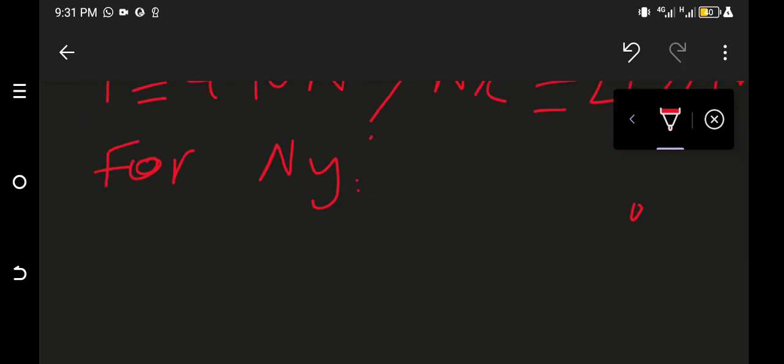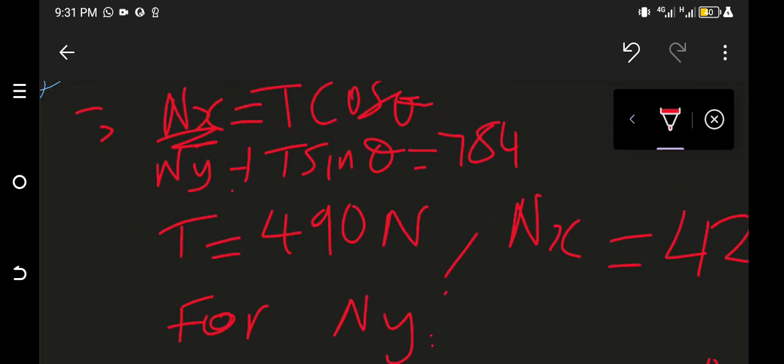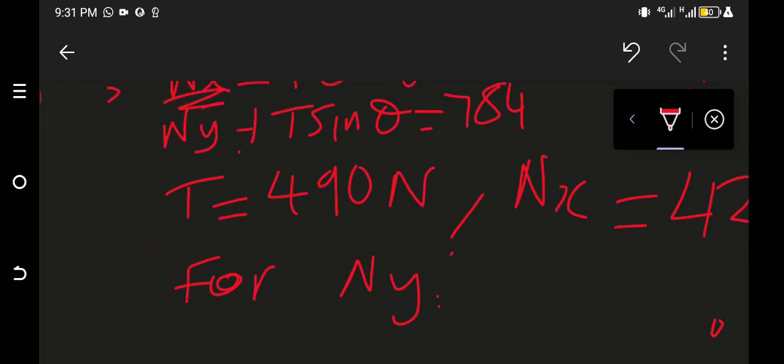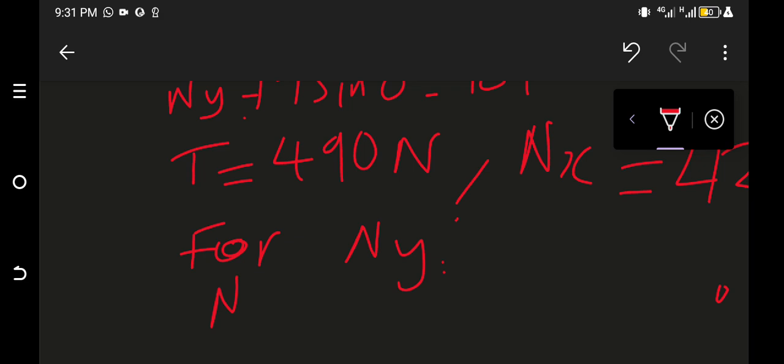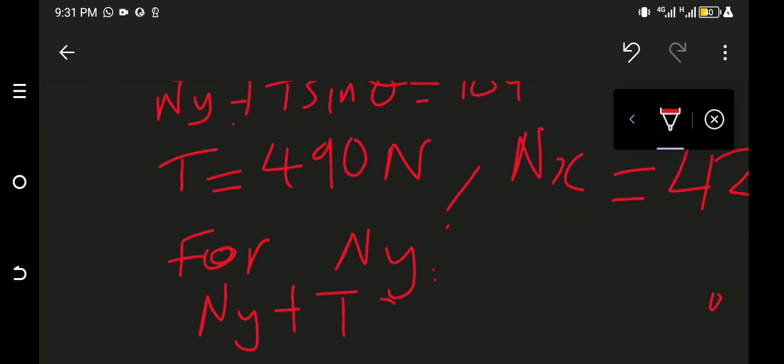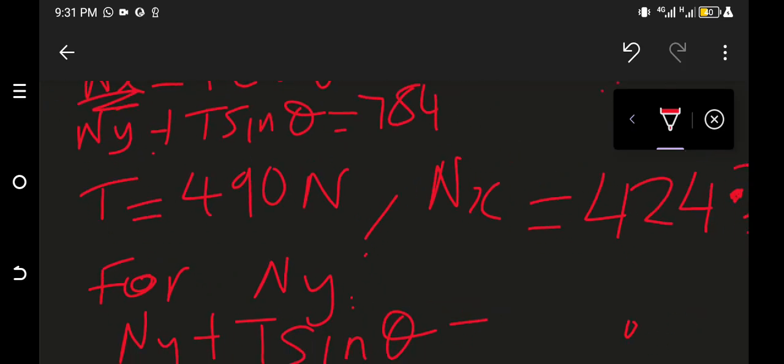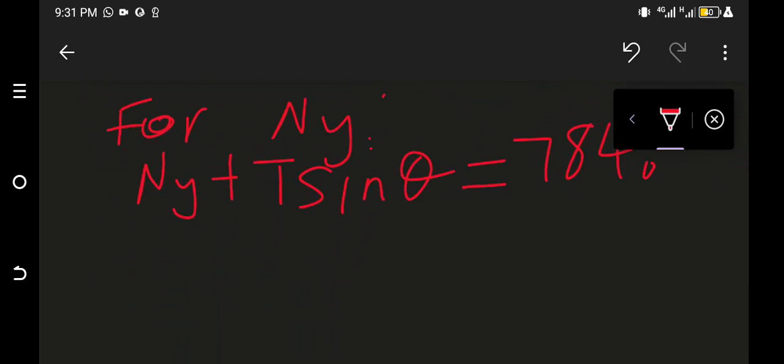For ny we have ny plus T sine theta is equal to 784. So we just have to plug in the values.